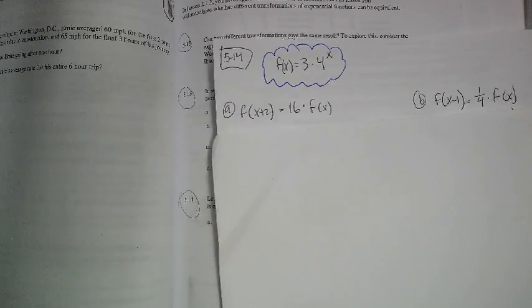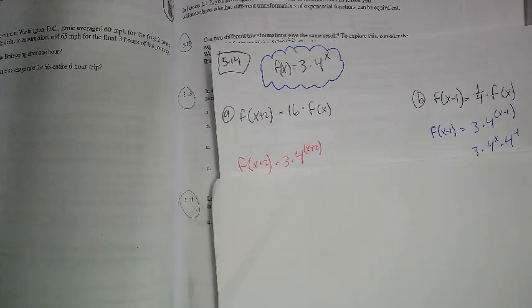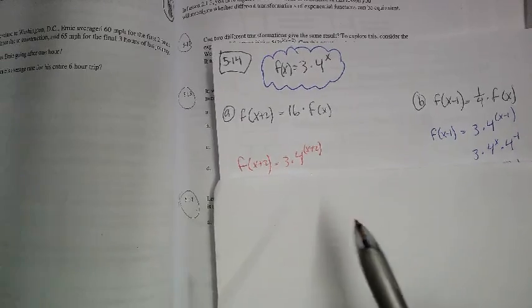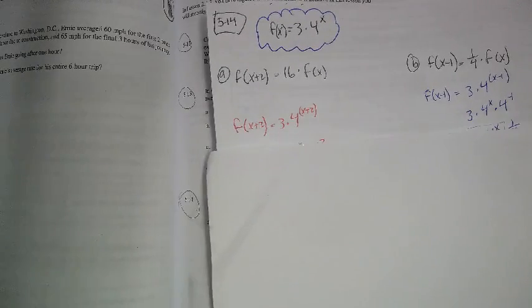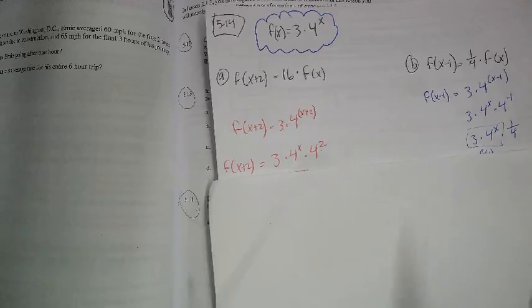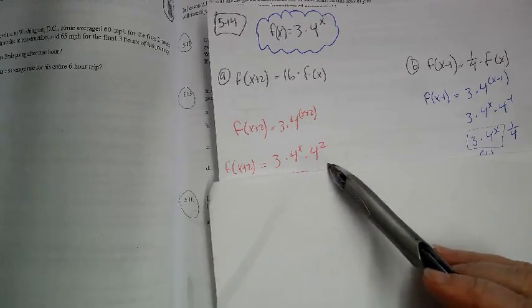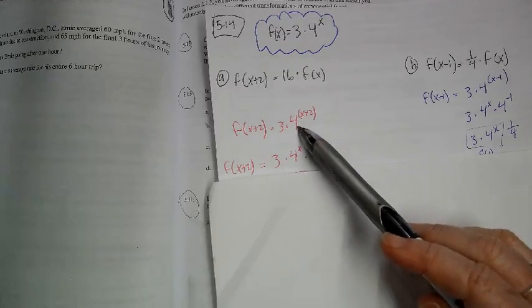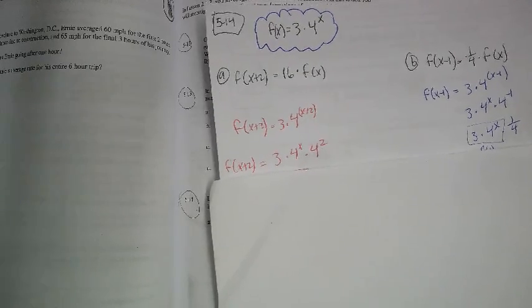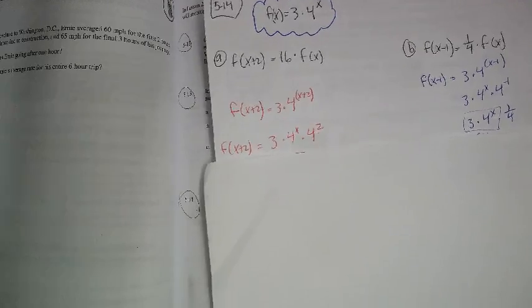So I'm just going to start by plugging the x plus 2 in, and then I'm going to use the laws of exponents. So it's 4 to the x times 4 to the second, and 4 squared is 16.